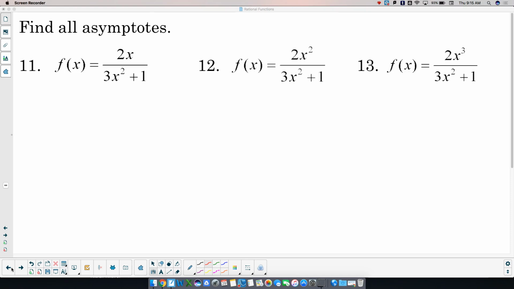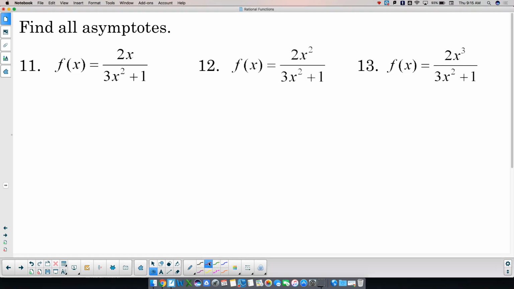Okay? So in number 11, is there a horizontal asymptote? What is it then? Y equals 0. In number 12, is there a horizontal asymptote?